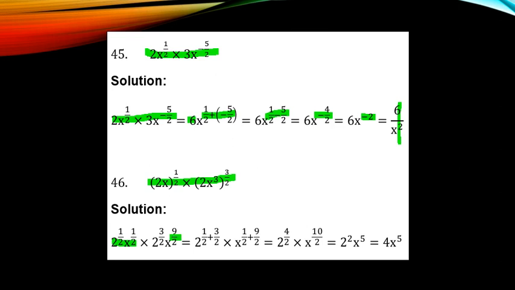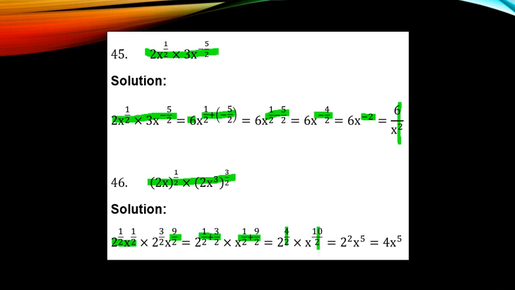We have the same bases, 2, 2, s and s. So the powers are added in this form. Then for s also, we add them. So when we add for 2, you have 2 to the power of 4 over 2. That is 1 over 2 plus 3 over 2. Then if we take for s, 1 over 2 plus 9 over 2, you have 10 over 2.